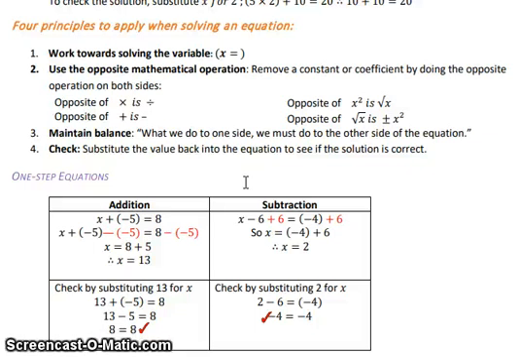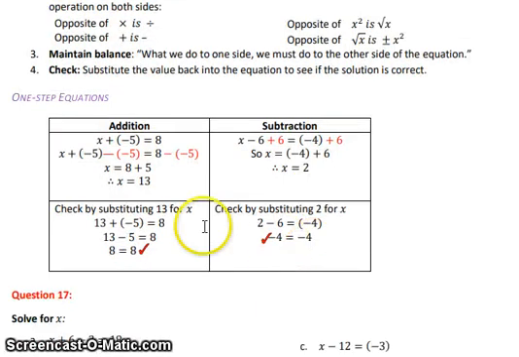Maintain balance. What we do to one side, we must do to the other side of the equation. Check by substituting the value back into the equation. So these are one step equations, addition, subtraction. Check the substitution of 13 for x.